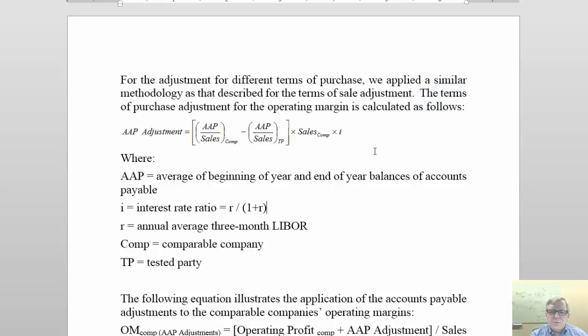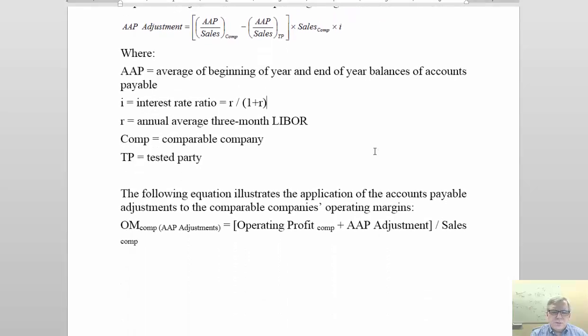And then of course what we do down here is we adjust the operating margin by taking that adjustment from the operating profit to lower the operating profit or raise it, depending upon which direction the adjustment's going, and over sales of the comparable, and that gives us a new adjusted operating margin. Now, how would this differ if we were talking about the net cost plus markup? Because there is a subtle but important difference.